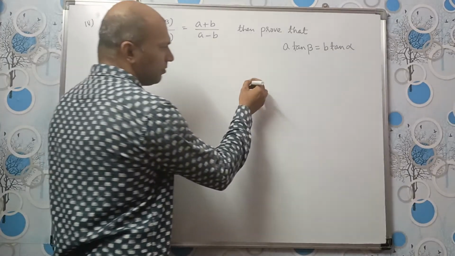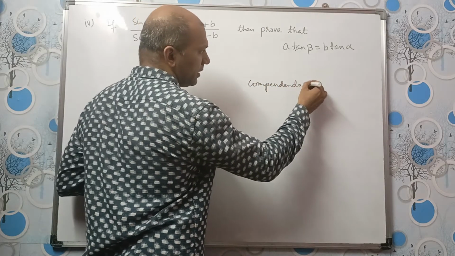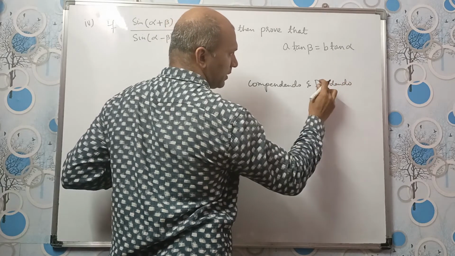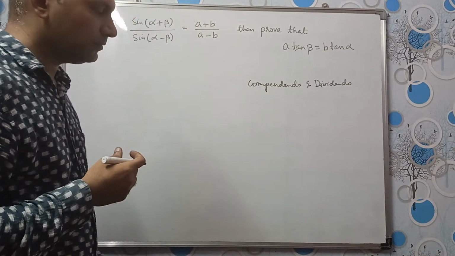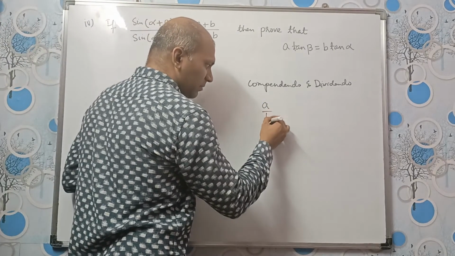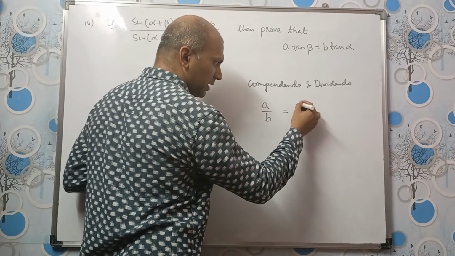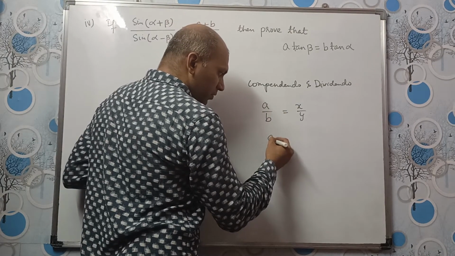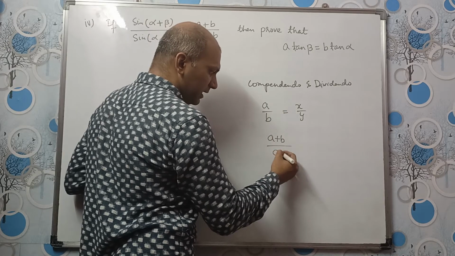It is called componendo dividendo. What is this? If you have a by b equal to some x by y, we first add the denominator to the numerator and then we subtract.